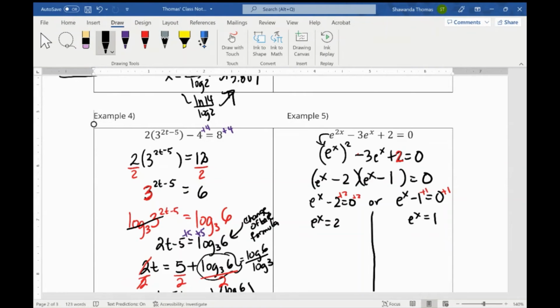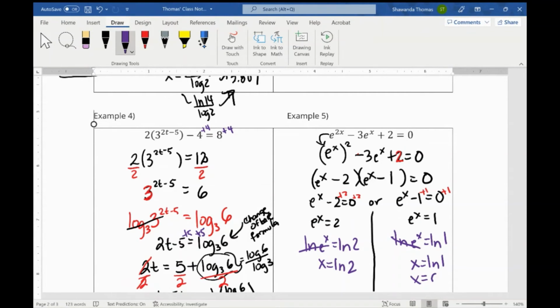What should we do? e to the x equals 2. So what log should we use? Log base e, or in other words, natural log on both sides. That'll cancel that out. x equals natural log of 2. And again, natural log of e to the x equals natural log of 1. x equals natural log of 1.